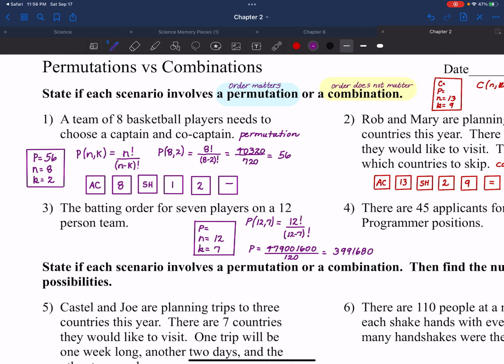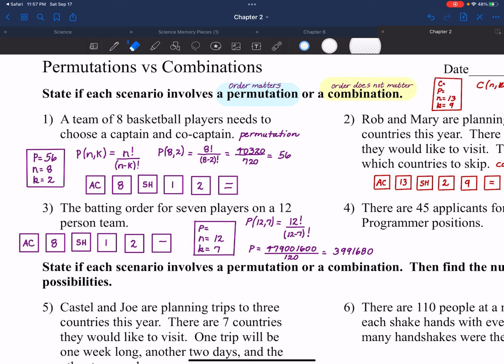I'm going to do it on my calculator. I'm just going to copy this down. That doesn't feel right, but it sure may be. So let's see what we've got. I need to take out the 8 and the 2 and put in the 12 and the 7.